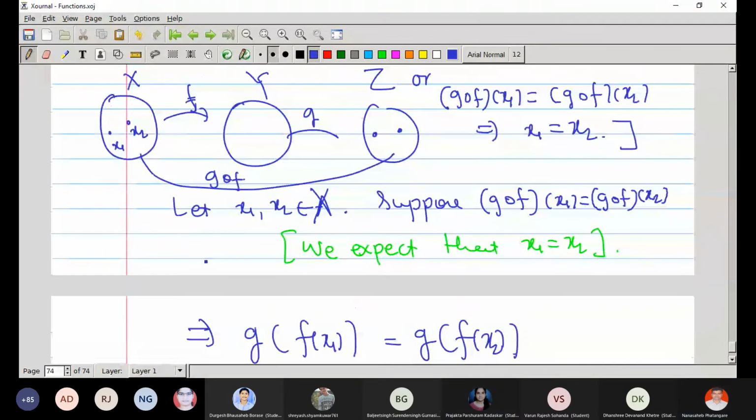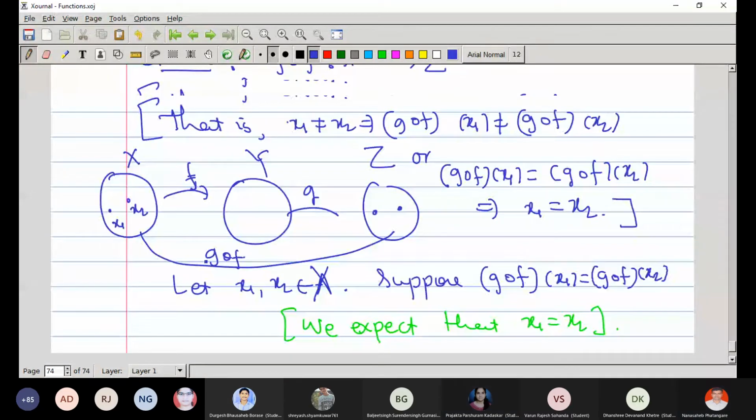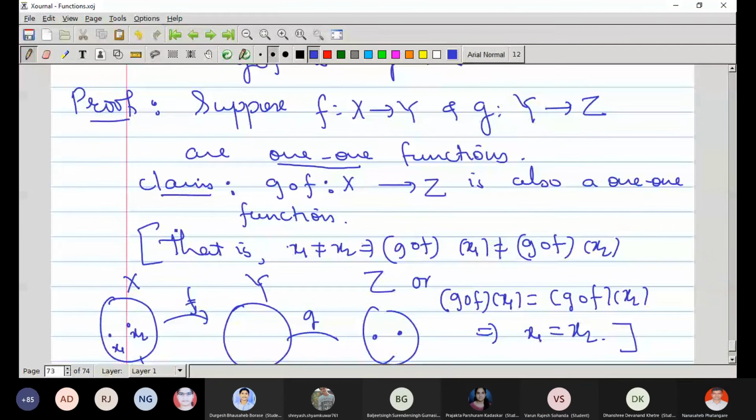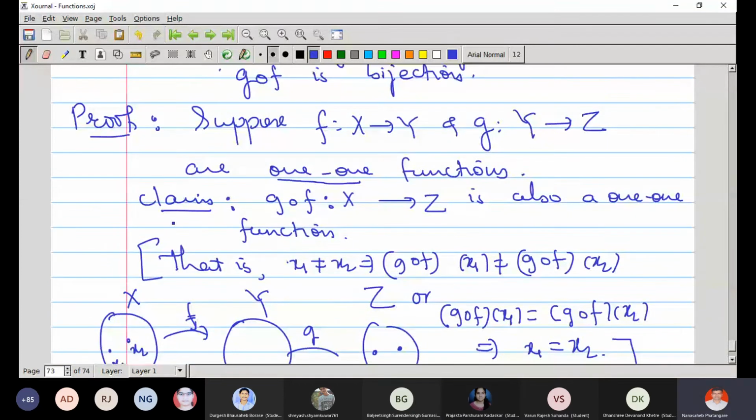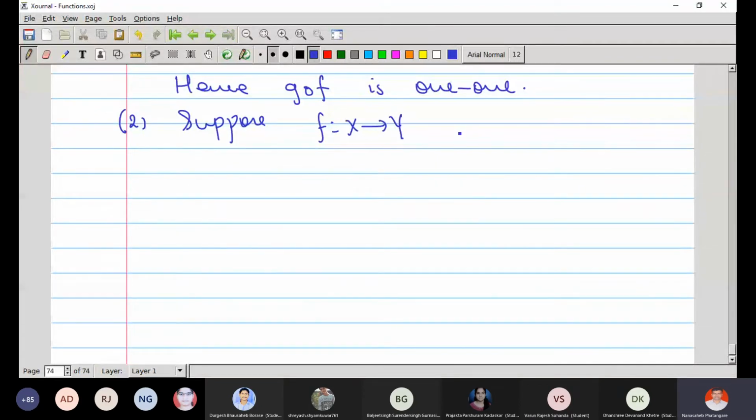Yes, sir. Now, second point. Suppose f from X to Y and g from Y to Z are both onto, or surjective.